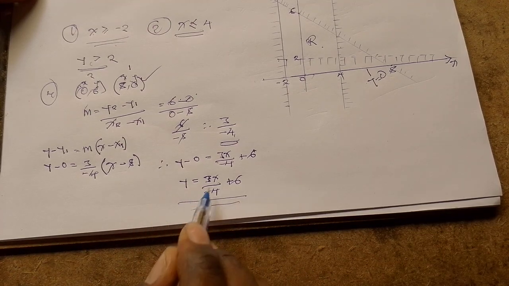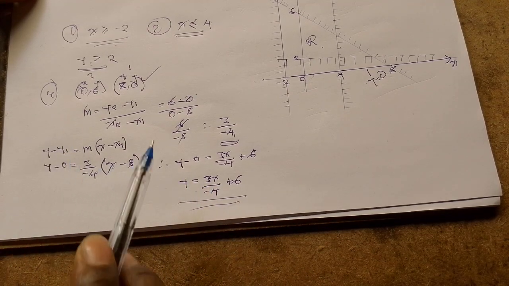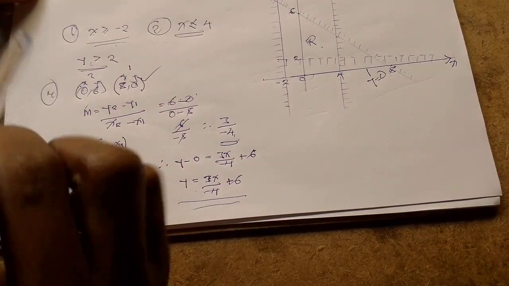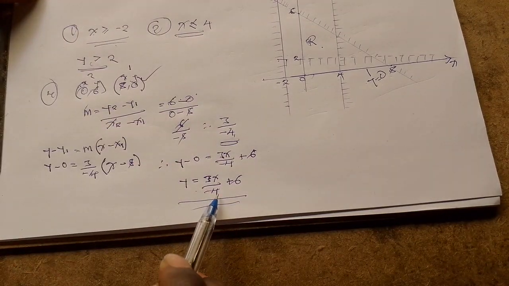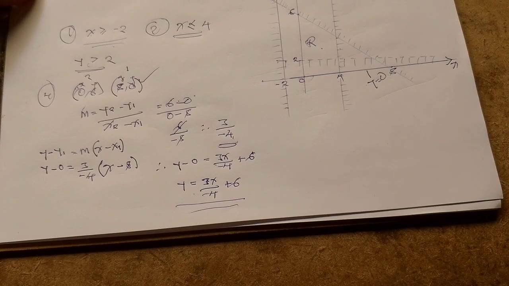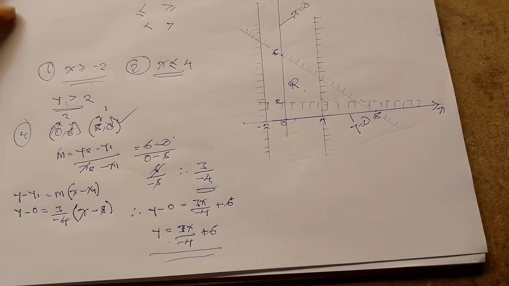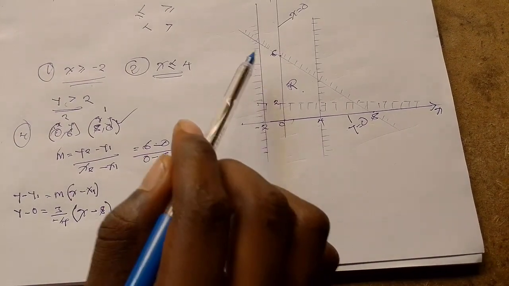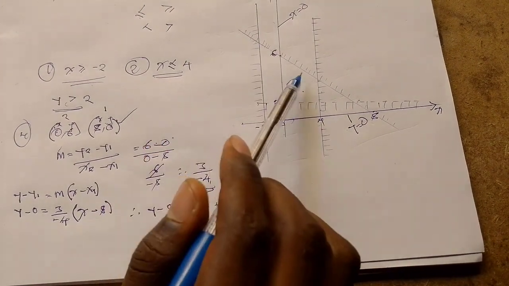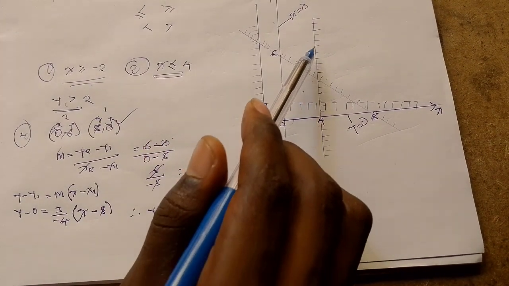Now, this is an equation, but we're talking about the inequation. So from here now, you need to come back to the diagram. The diagram is showing us that this line has been shaded on the greater part.